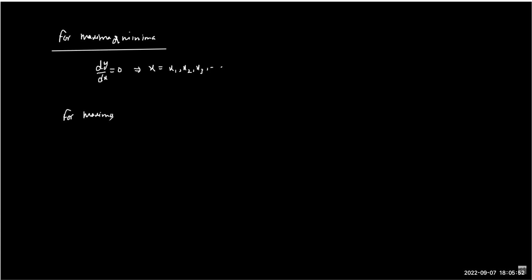So for maxima, we differentiate twice, and we put x equals to the x that we have got.